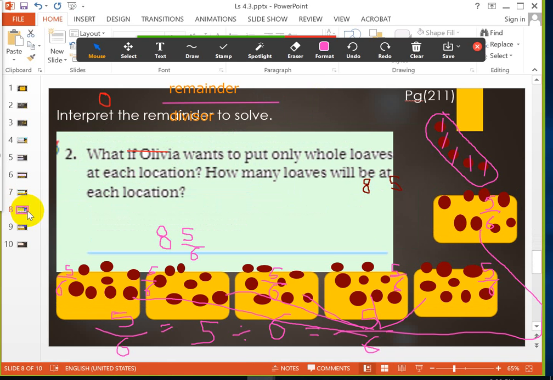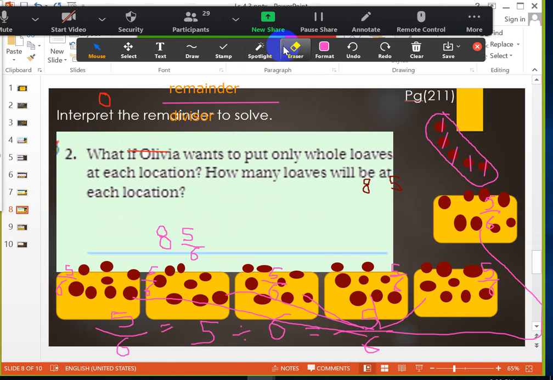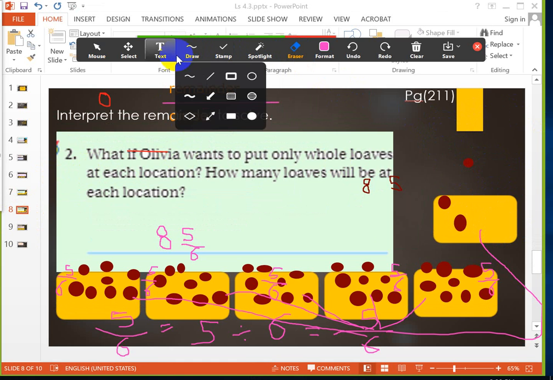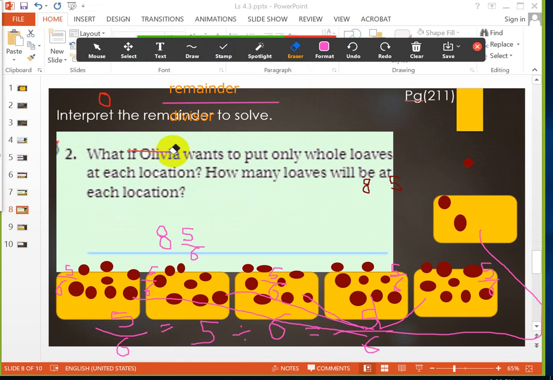Okay, let's continue to number 2. Okay, in the same page. Okay, girls, I will not erase this. What if Olivia wants to put only whole loaves?